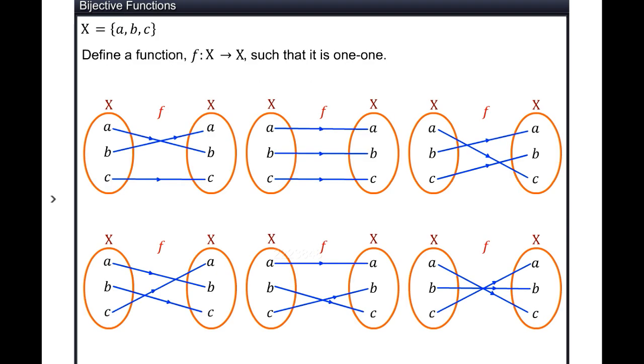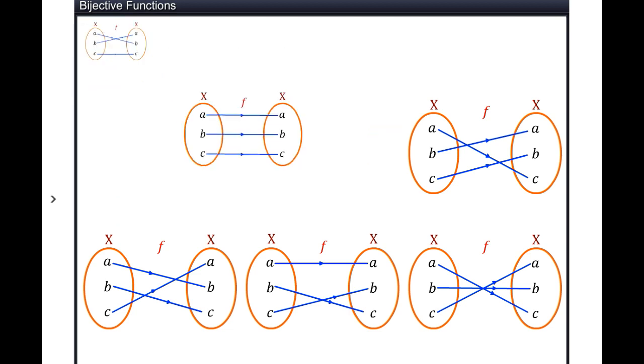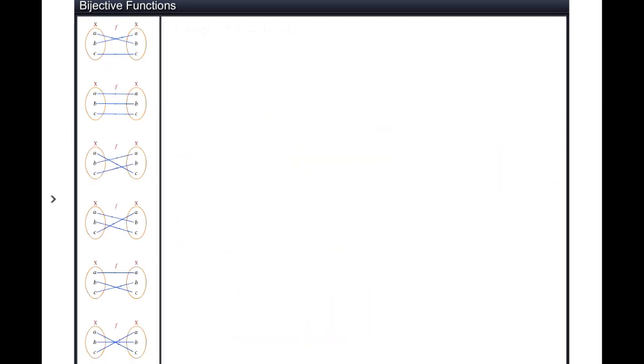Then every element of domain X has its own unique matching element in codomain X. That is, two elements from the domain of f cannot point to the same member of codomain X. So the range of function f has three elements a, b and c. This shows the range and the codomain of the function f are equal.